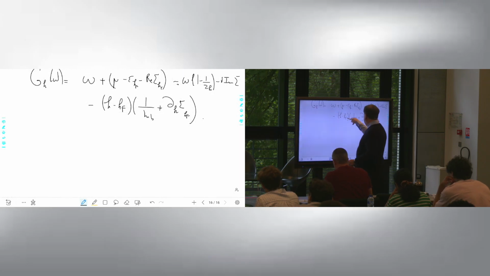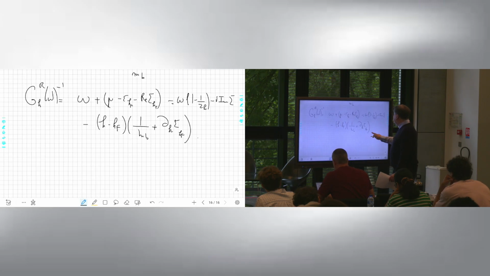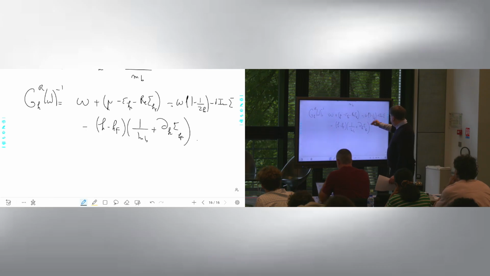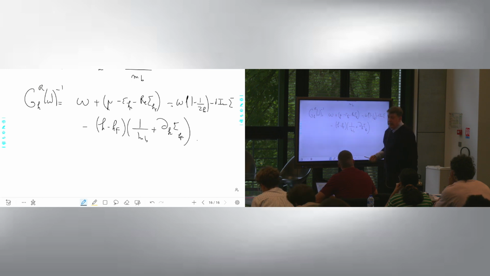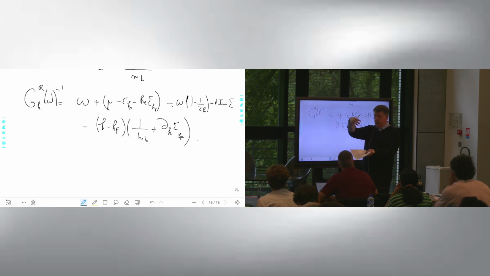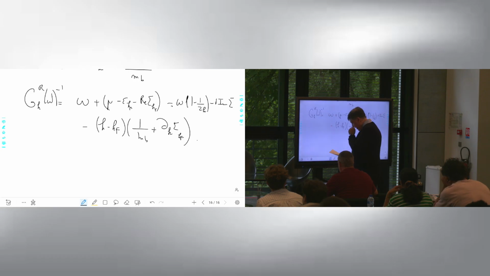And the point here is that you're going to eliminate this omega term, and what you're going to have is omega over Zk. That's not great. You would like to have a function which is 1 over omega, so it's going to be Zk over omega.